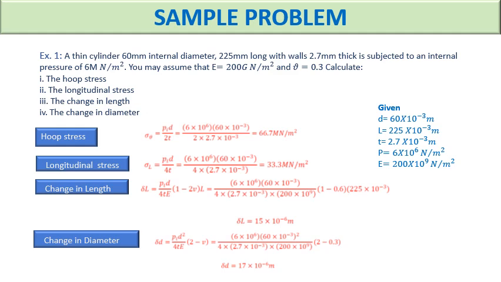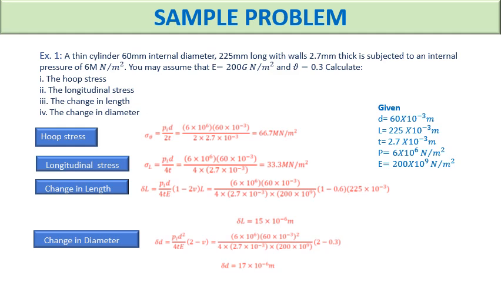The wall thickness, that is 2.7 mm, that is 2.7 into 10 to the power minus 3 meter. And the internal pressure, that is 6 megapascal, that is 6 into 10 to the power 6 Newton per meter square. And E is equal to 200 gigapascal, that is 200 into 10 to the power 9 Newton per meter square.